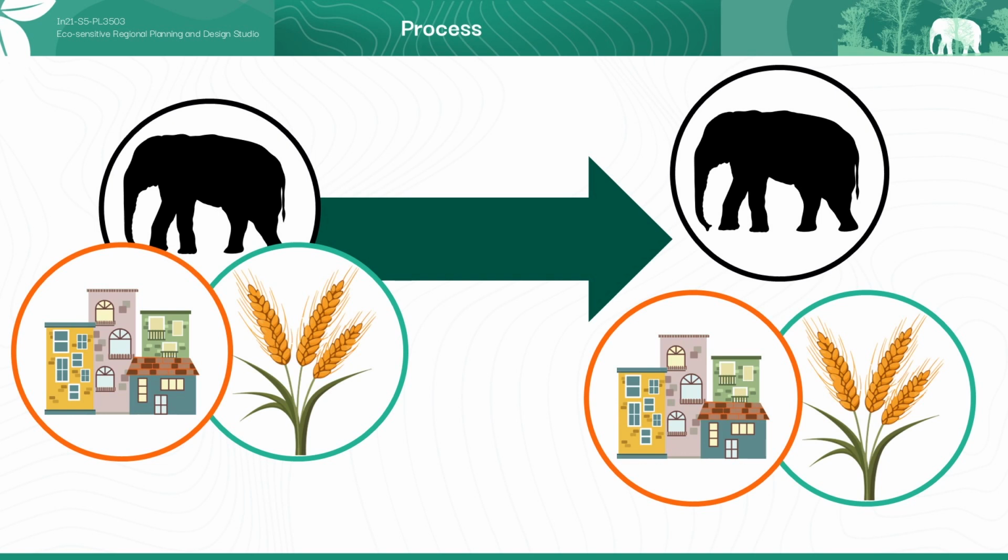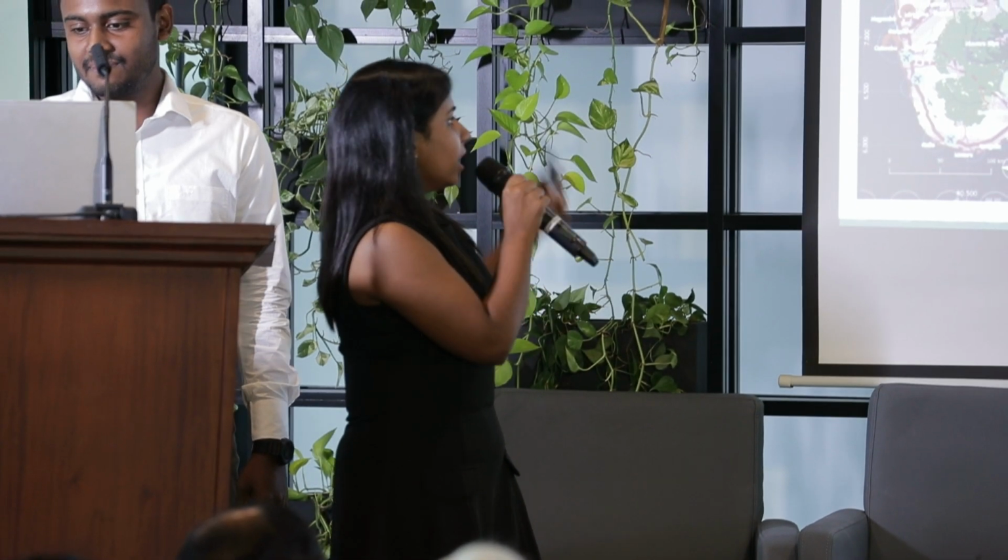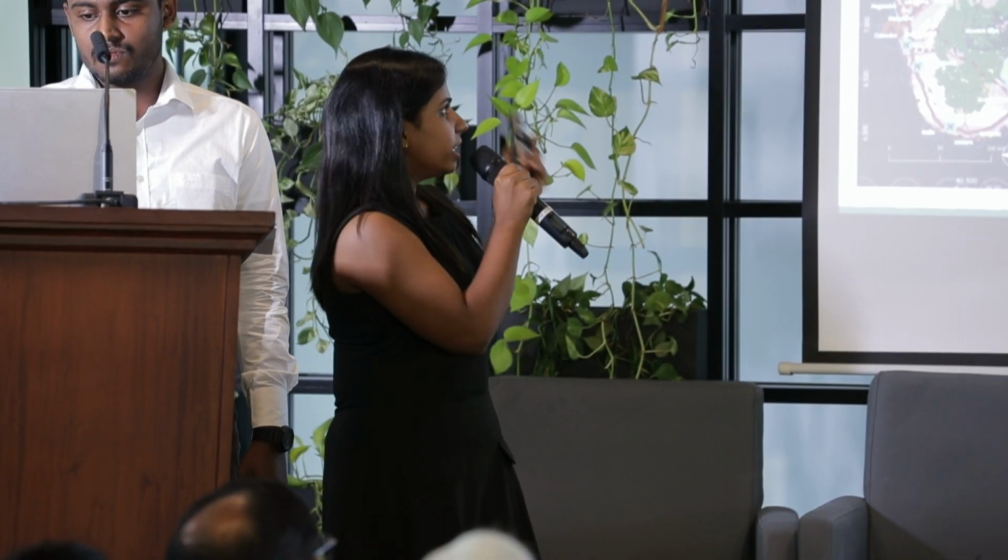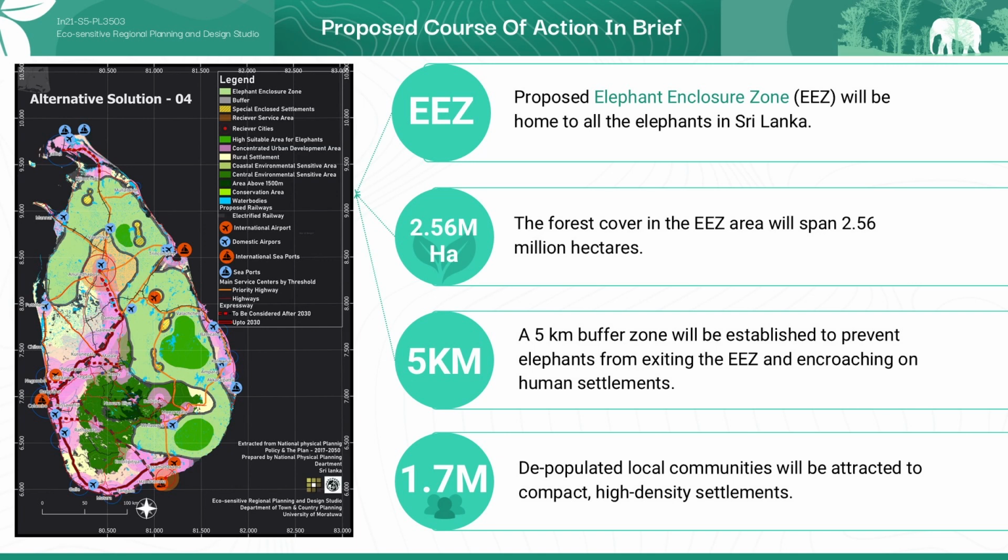So, through this solution, we are demarcating a fully elephant-only zone called the elephant enclosure zone. You can see it in this light green area. This area will be home to all the elephants in Sri Lanka.